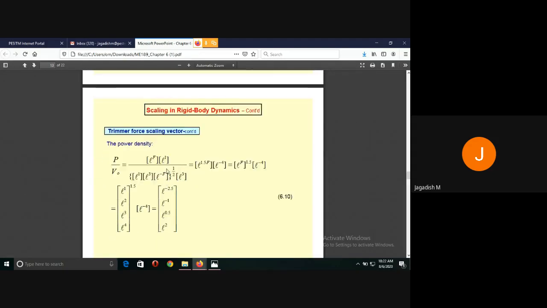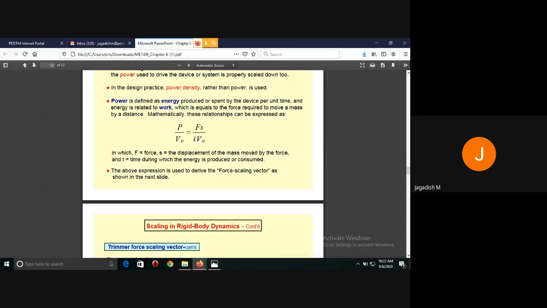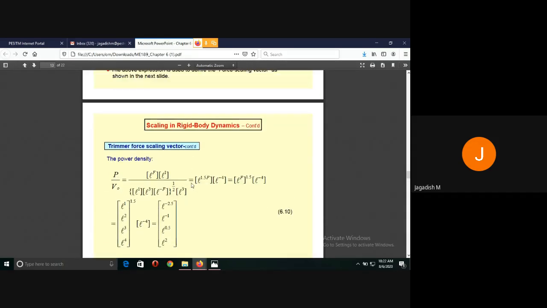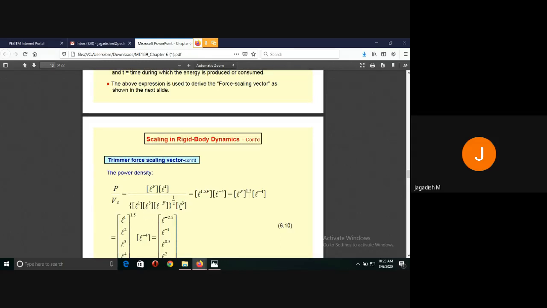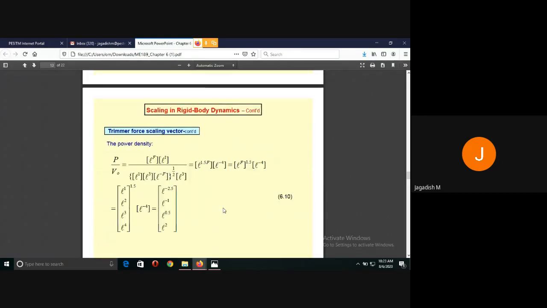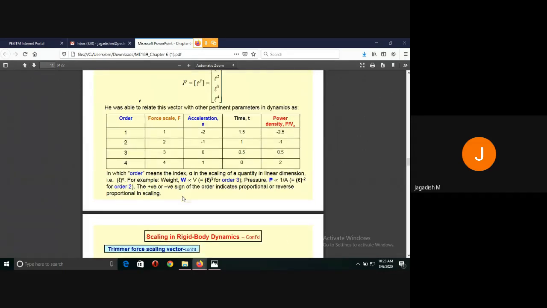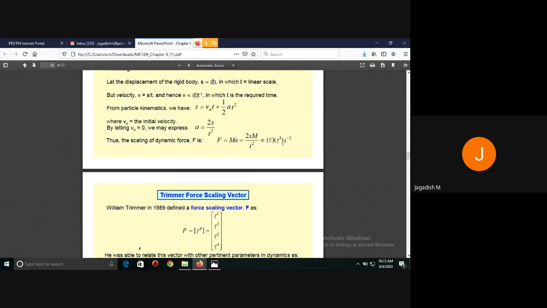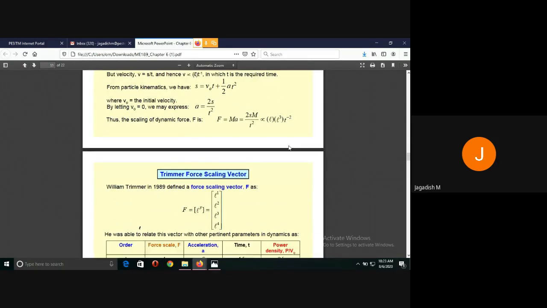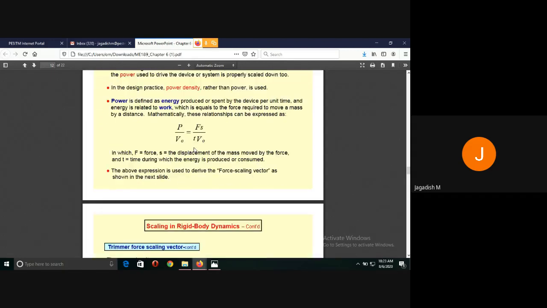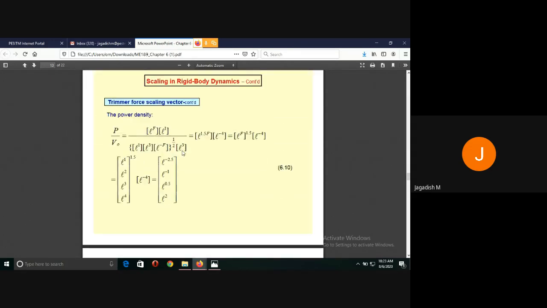It is L to the power 1. What is time? You are required to find the initial velocity. For that, you'll have to refer to this equation, L cube L into T to the power minus 2. If you substitute there, you will get the equation for time. Then initial velocity is L cube. If you solve this, you will finally end up with L to the power F minus 1.5 and L to the power minus 4.